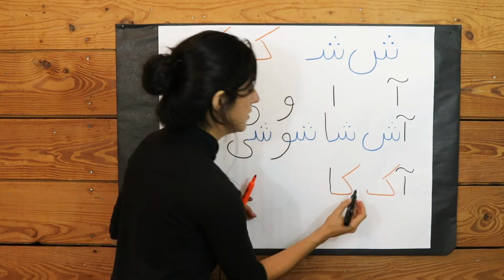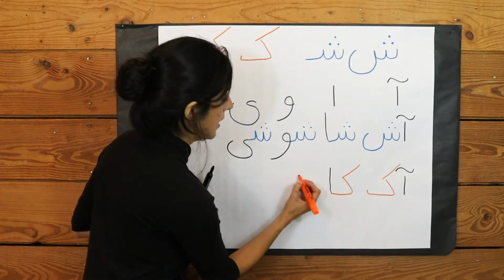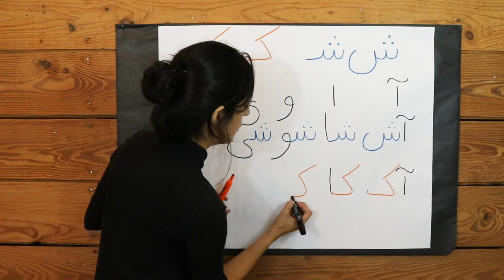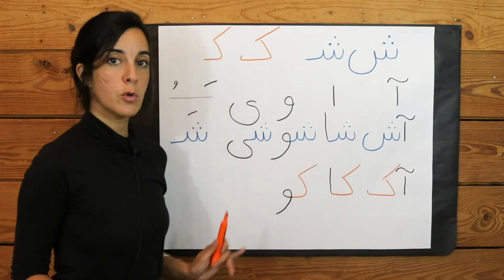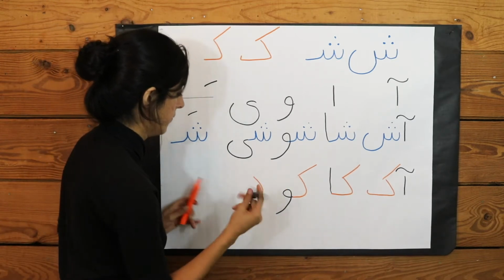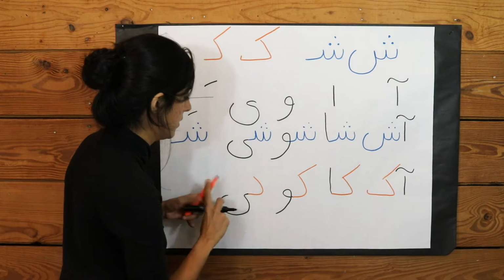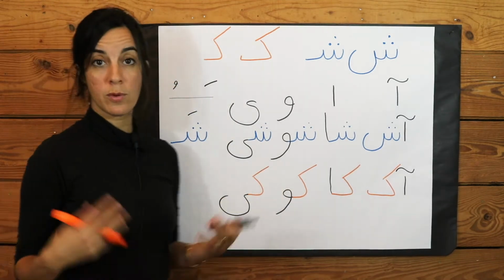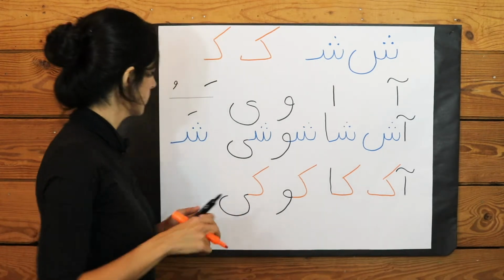Do you get connected? It's ka. A ke with an u after it is ku. A ke with an e after it is ki. And that's an actual word, and it means who.